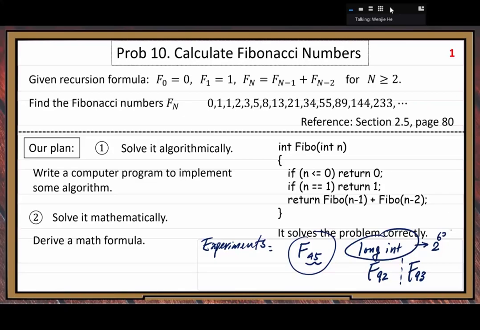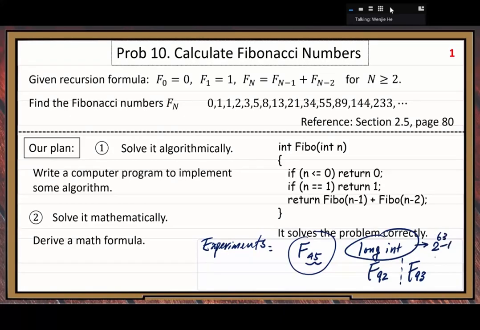So what's that? 63? 64. But it depends on signed or unsigned, right? Unsigned is larger. Signed, yes, 63.